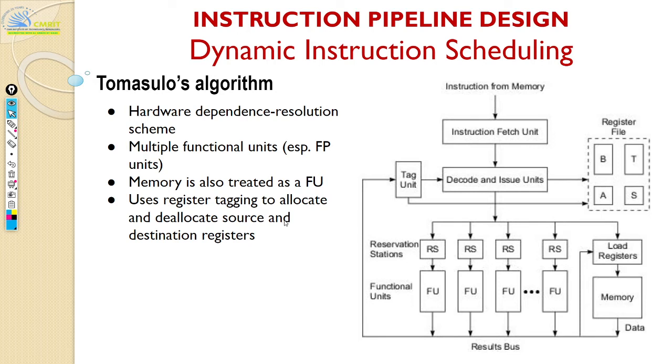So actually the idea is whatever the compiler was doing, you're doing it dynamically here. You will find out from the reservation stations which functional unit is going to give me the result, and that destination register would be the source for some other instruction, right? So these reservation stations can communicate, the tag unit keeps track of it, and then it diverts.